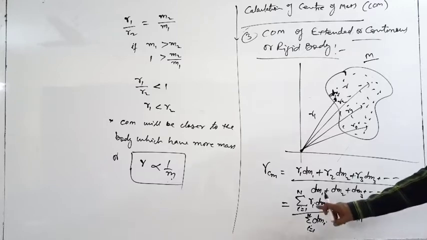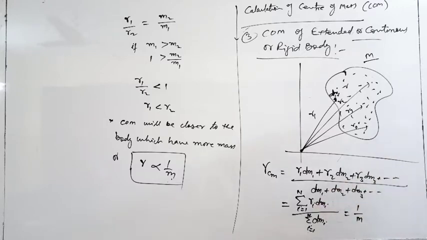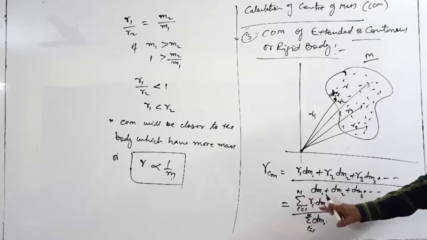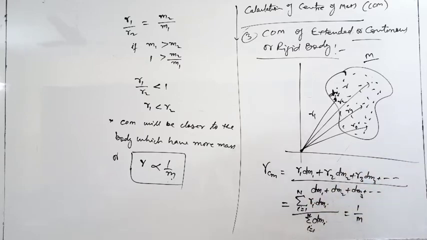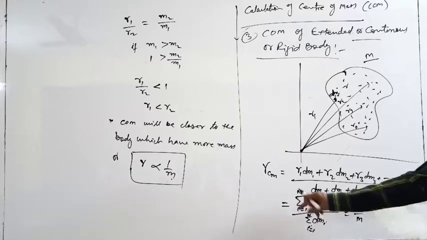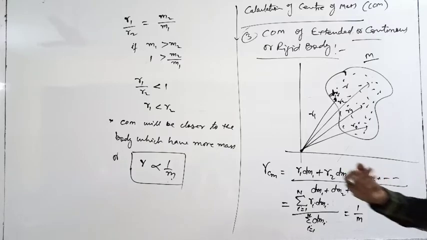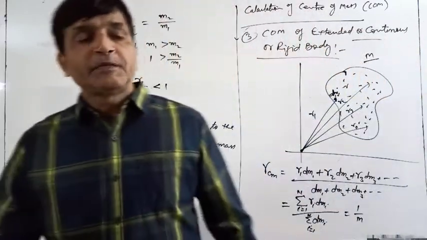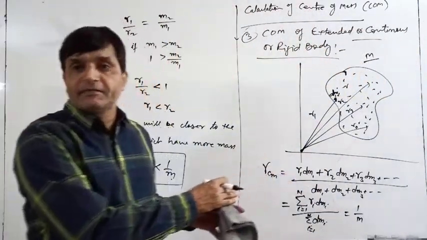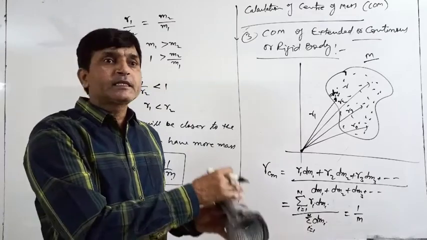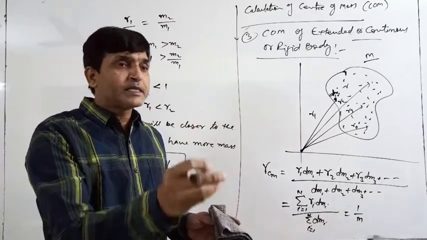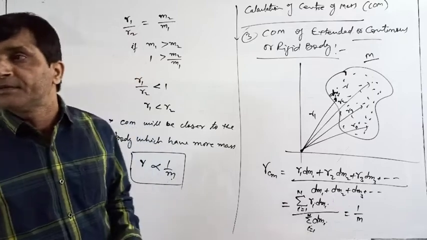If I am making a graph between r and m, so area of that graph or curve gives us product of r and dm. And the summation of area is nothing but the integration. It means from here integration has been derived. Integration which you are doing in mathematics, this is the definition of integration.